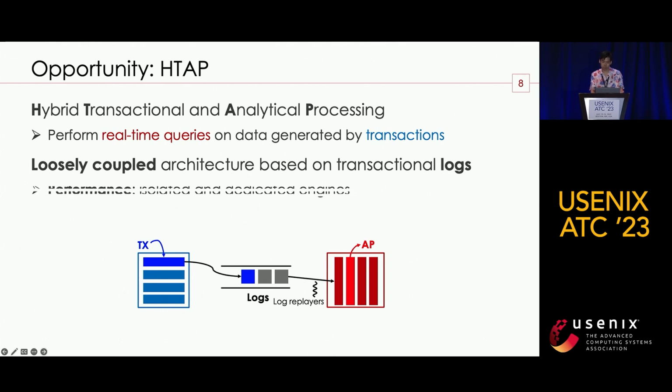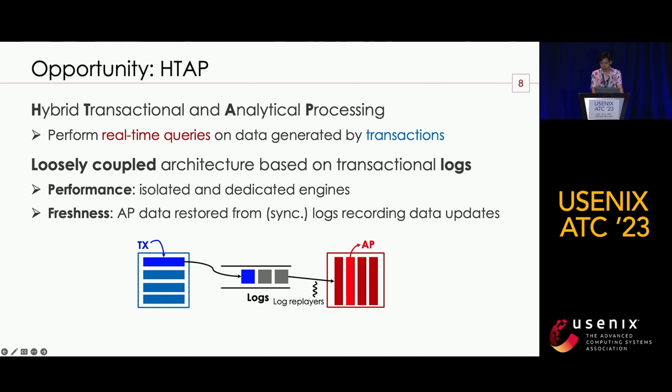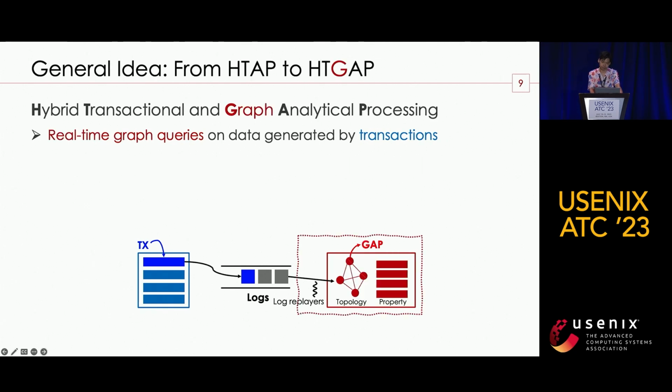This architecture supports two isolated and dedicated execution engines for high performance. Additionally, analytical processing can be performed on the data replayed from synchronized logs, which provides good data freshness.